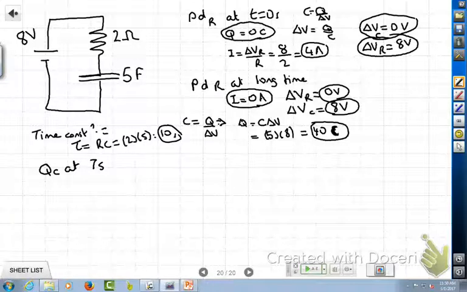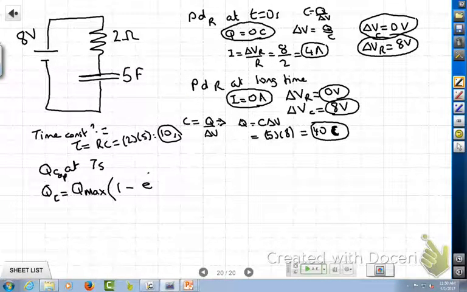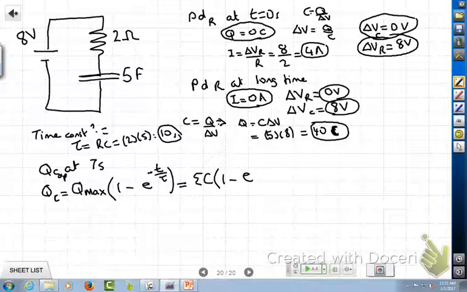Charge on the capacitor when I'm charging is equal to my Q max times 1 minus e to the minus t over tau. What is my Q max? Q max is equal to my EMF multiplied by my capacitance, times 1 minus e to the minus t over RC.